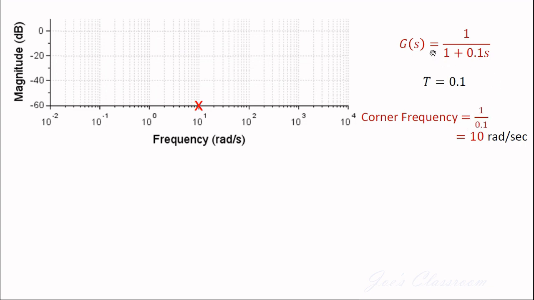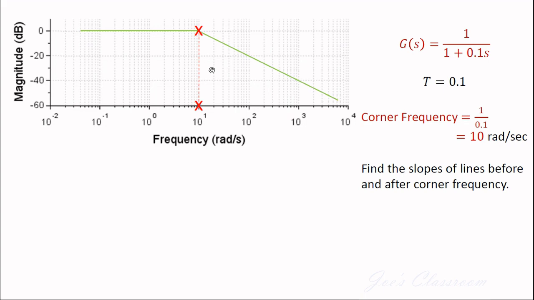If I give a transfer function like this, you will be able to identify the value of t immediately if you write it in a time constant form, and immediately you can find the corner frequency. Once you locate this corner frequency, you understand that up to this corner frequency there will be a straight line with 0 decibels per decade slope, and beyond this corner frequency there will be another straight line with some finite slope.